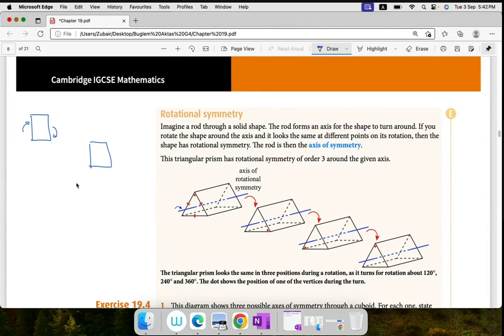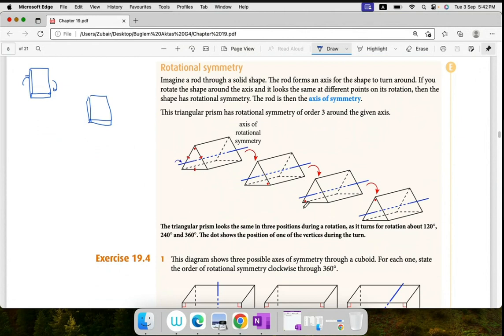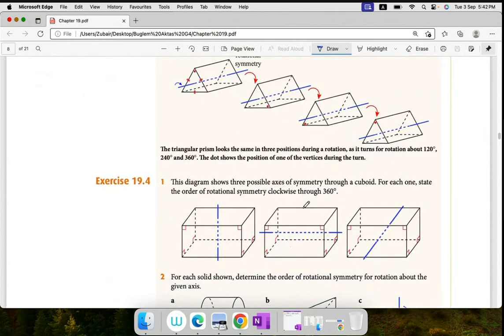Someone who enters the room again will not notice whether it has been flipped or not. Meanwhile, we may talk about 3D objects. Let's say this is a shoe box which is identical on all sides, like the color is the same. If we just flip it, the person will not know. On that axis, it is an axis of rotational symmetry.